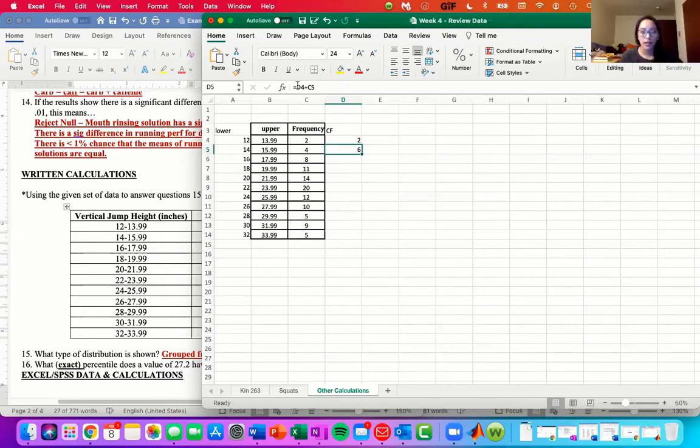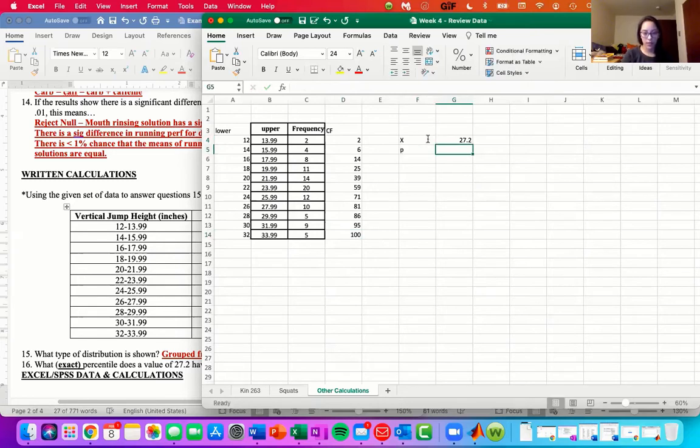So we've got this copyable formula that we can use to calculate the rest of our cumulative frequencies. Okay. So we can see we have 100 people in our sample, right? I have a raw score of 27.2 that I want to find my percentile at.